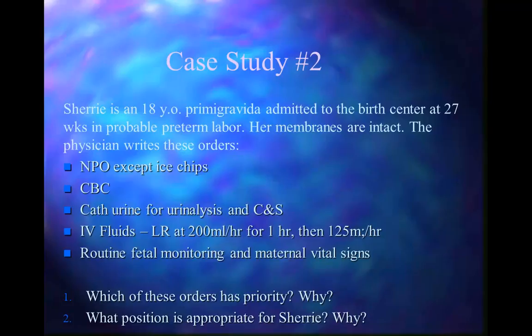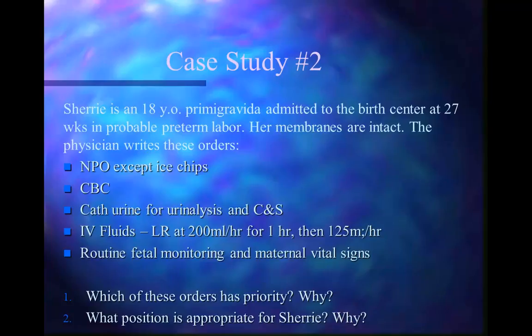Another case study here we'll look at is a prima gravida, admitted to the birthing center. She's only 27 weeks. She's in probable preterm labor, and her membranes are intact. We have some physician orders here, and we'll have you look at which of these orders has priority and why, and what position should we put this patient in and why.